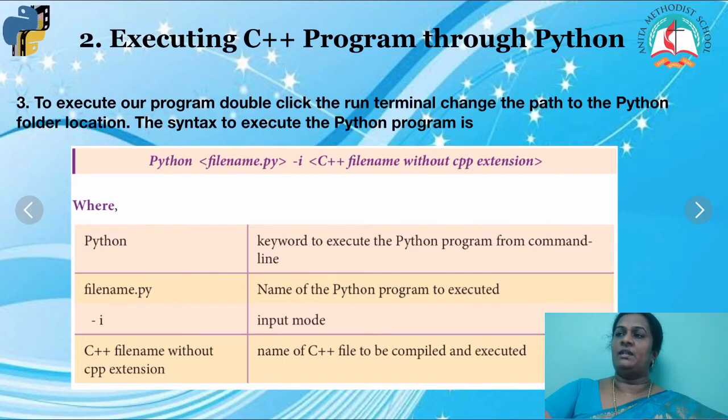Python is a keyword, filename.py is the name of the Python program, and the C++ file with CPP extension is the C++ file to be compiled and then executed. The -i stands for input mode, followed by the C++ file name with the CPP extension. This is how you execute it.